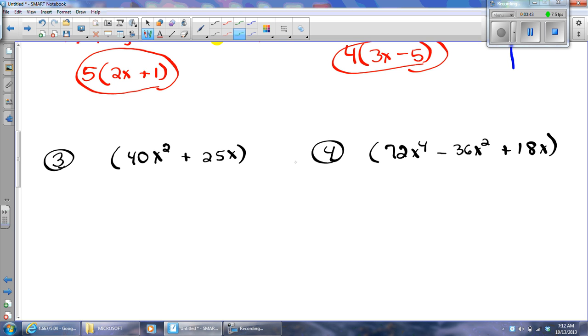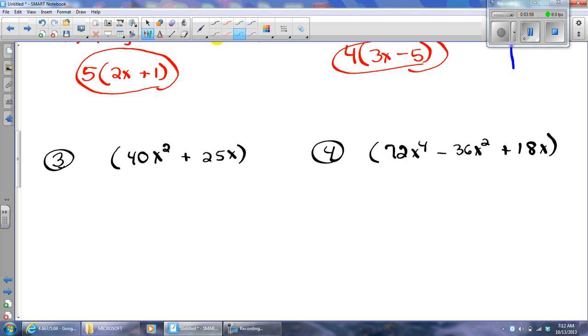Let's see here. GCF. Okay, for problem number 3. Well, 40x squared. Let me express it this way.